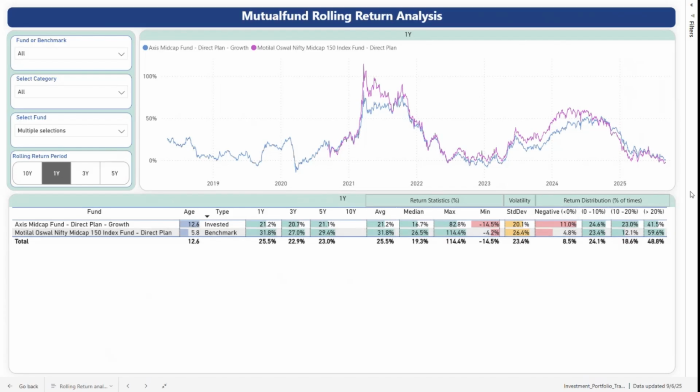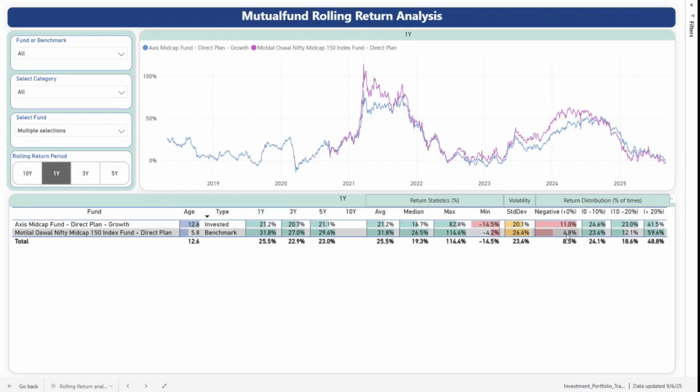Then the return distribution tells you the percentage of time. This 21 percentage average is what you are getting, but how much percentage of the time? Out of this, from 2017 onwards, 11 percentage of the time you got a negative return, 0 to 10 percentage 24 percentage of the time, 10 to 20 percentage 23 percentage of the time, and so on.